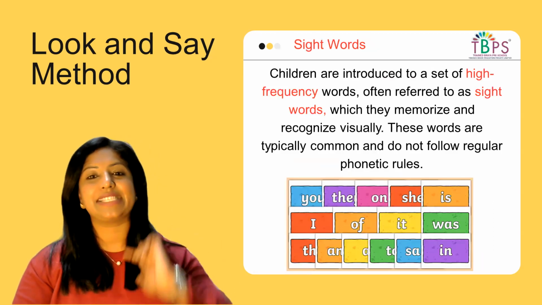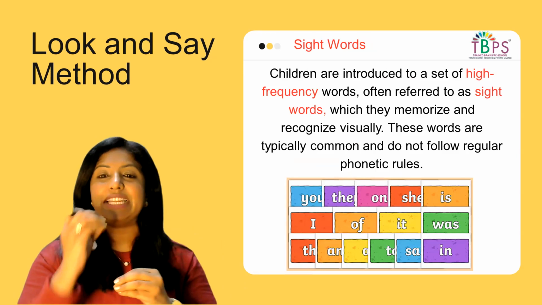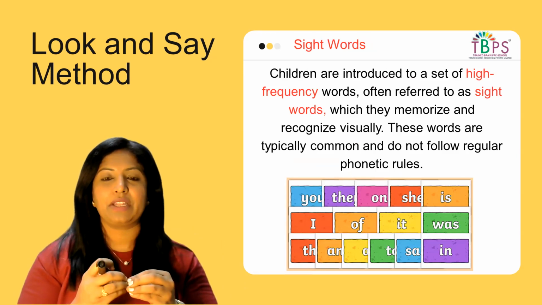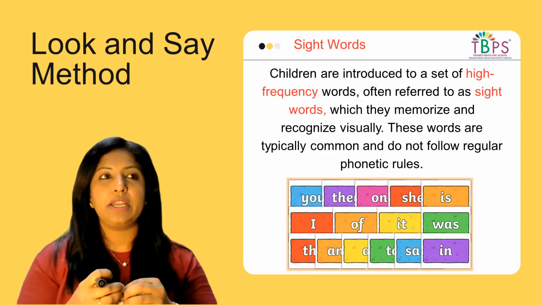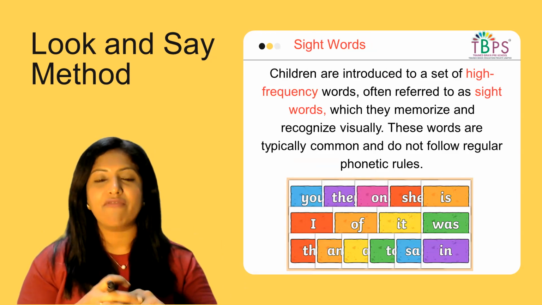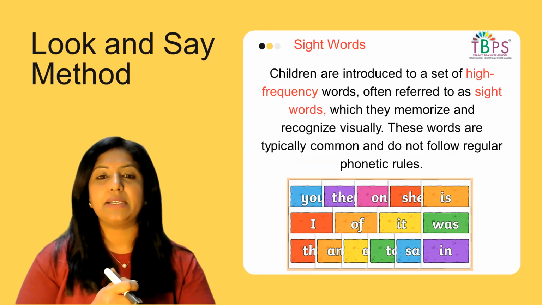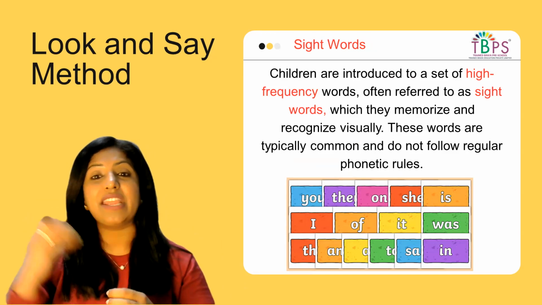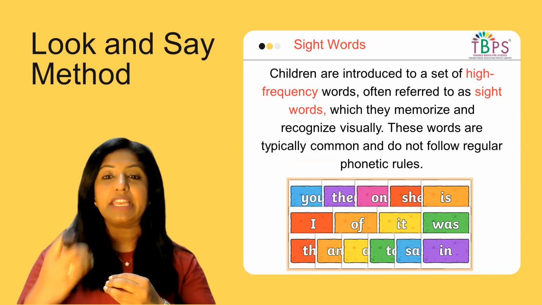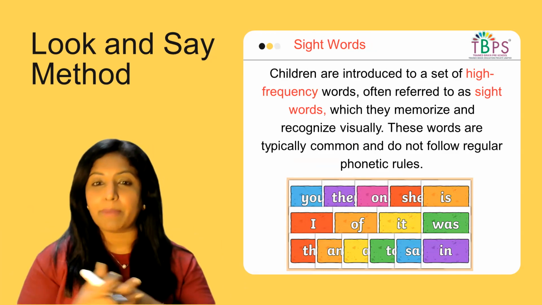What I could say is, when we don't introduce the phonetic way of teaching, we also have many words that we learn by heart. Sometimes these words can reappear when we do story reading, when we are working on comprehension.